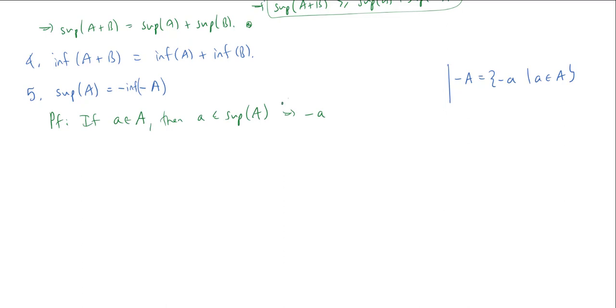So if I multiply by -1, negative a will be at least as big as the negative of the supremum of A. This negative a is an element of the set negative A, and in fact every element of the set negative A is the negative of some element in A. So the negative of the supremum of A is a lower bound for negative A.